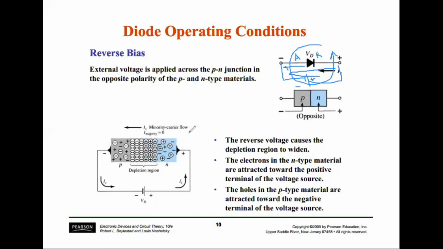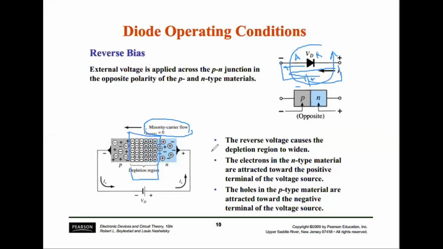In this case, we will have minority carrier current in this direction, which will be very small in amount. That's why this is called reverse current, leakage current, or the minority carrier flow. In this case, the size of the depletion region will be increased.